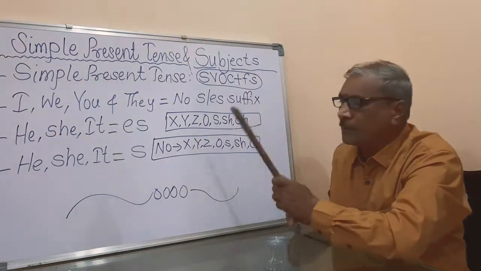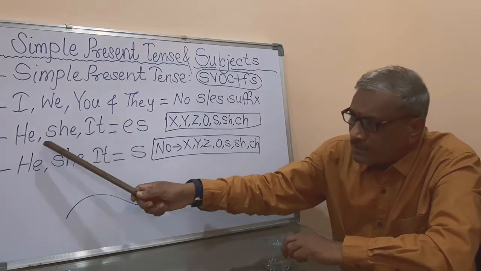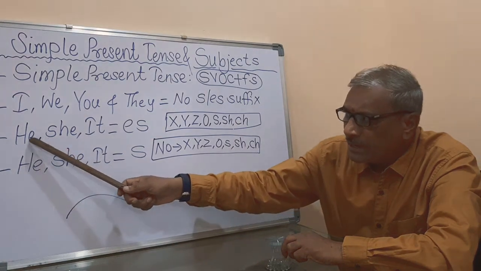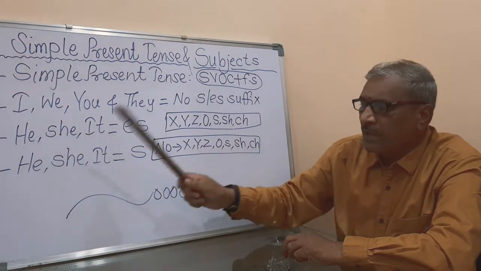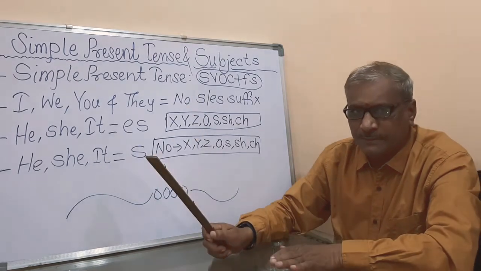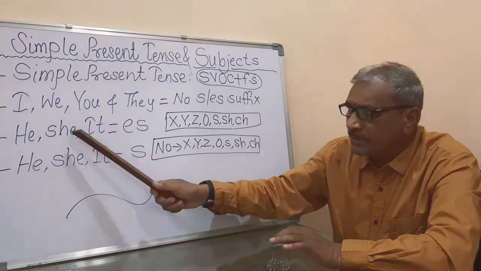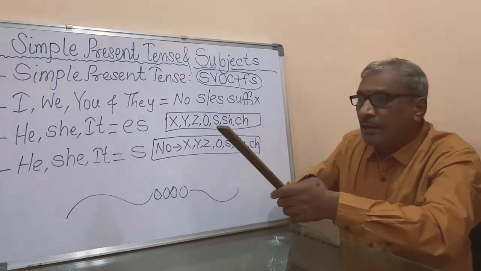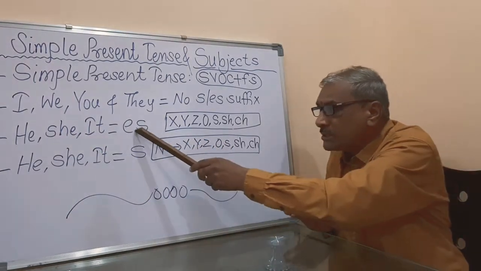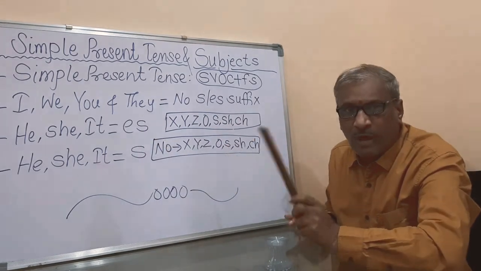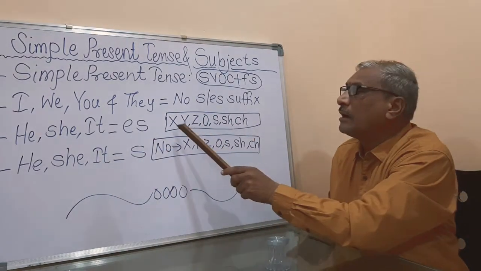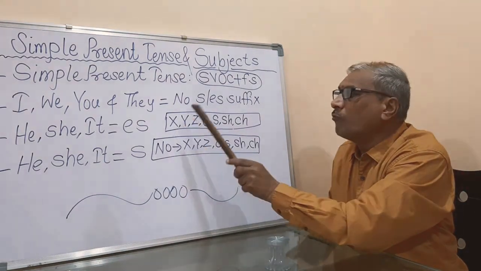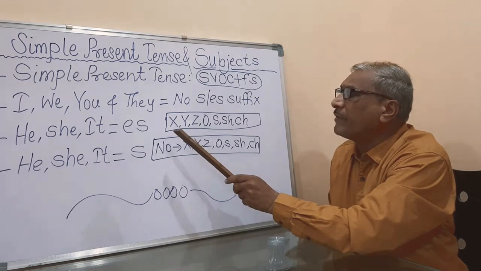That is the rule. And now there is the second type of subjects: he, she, it. Now he, she, it are the subjects. When in the simple present tense the subjects are he, she, it, then we can use the es suffix on the verb. Why? Because of the letters at the end of the verb. Which letters are they?